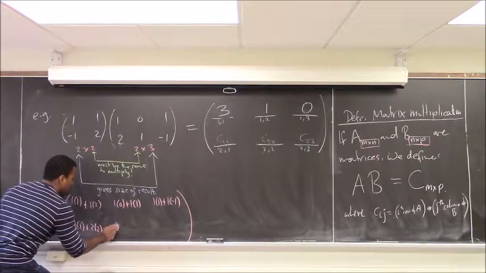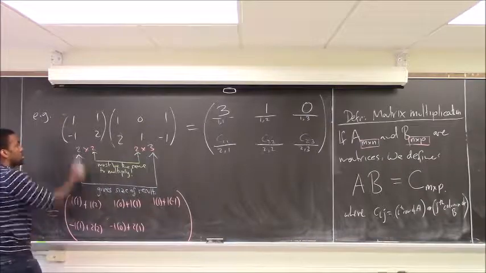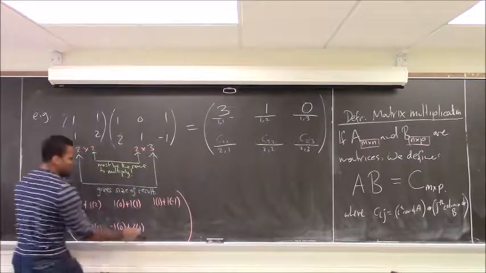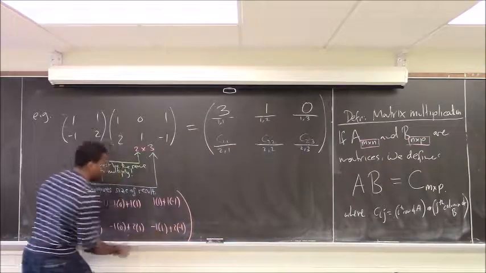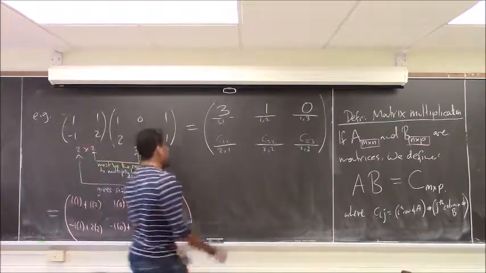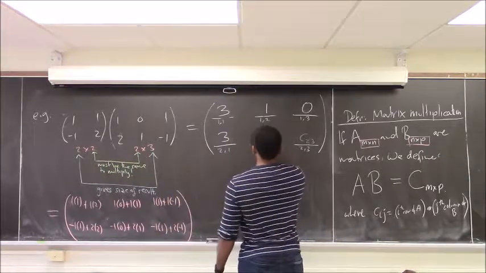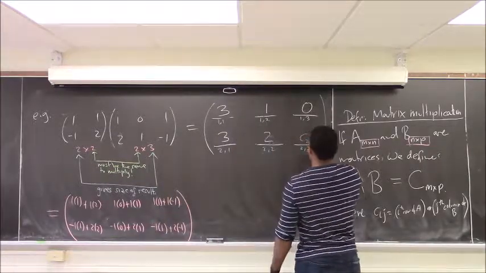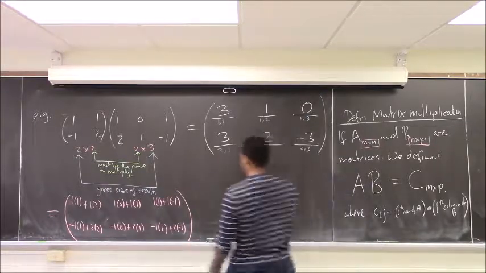We're going to have minus 1 times 0 plus 2 times 1. Second row, third column, minus 1 times 1 plus 2 times minus 1. Simplify those numbers and you would get that 3 is here, 2 is here, and minus 3 is here. So that's actually the result.